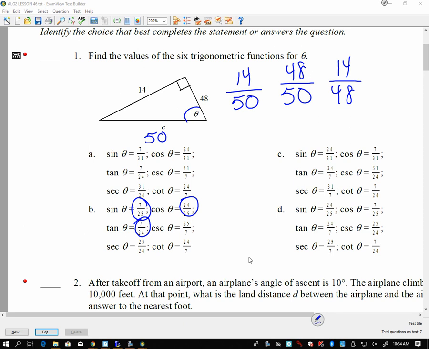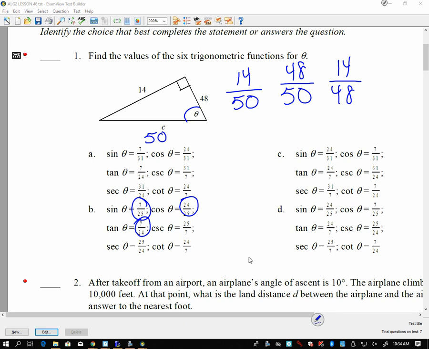Which trig function is reciprocal to sine? CSC. What does CSC stand for? It's an abbreviation. What is it an abbreviation for? Cosecant. Cosecant, okay? So cosecant, if I already know what sine is, right, do I need to do all the math again? What do I need to do? We're just finding a reciprocal.